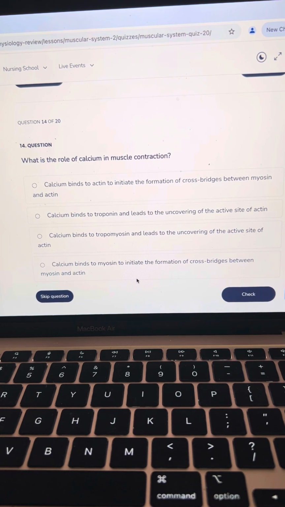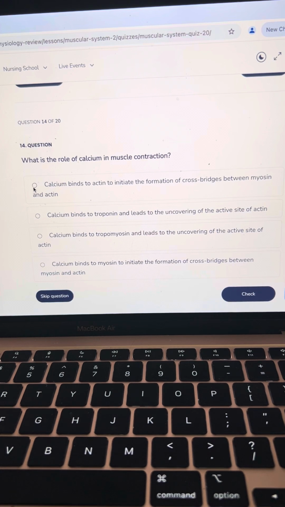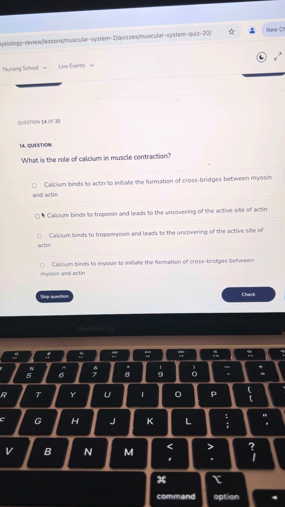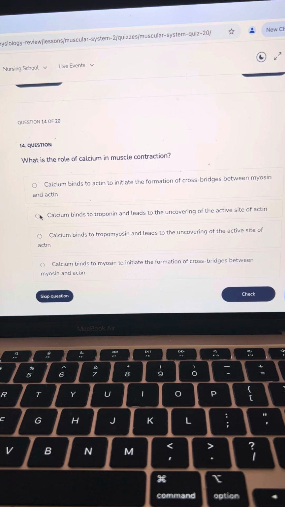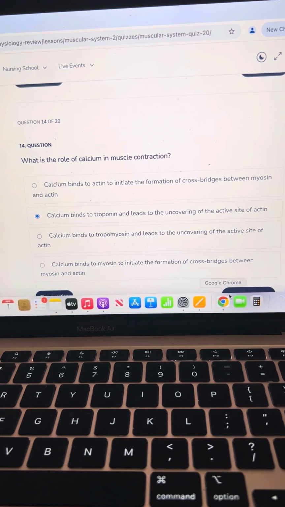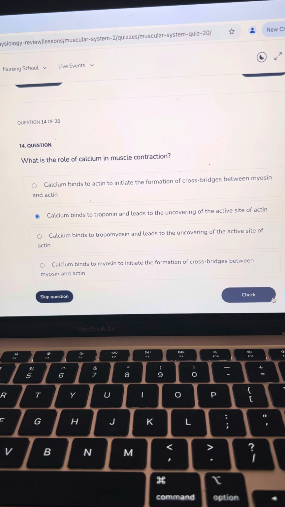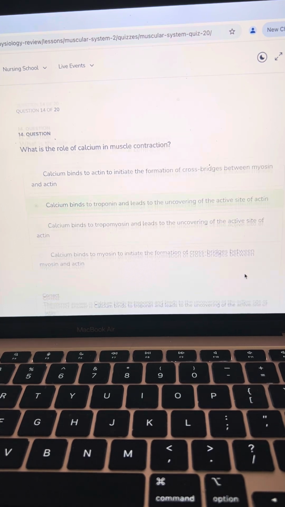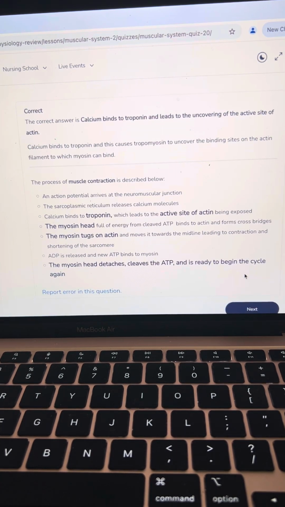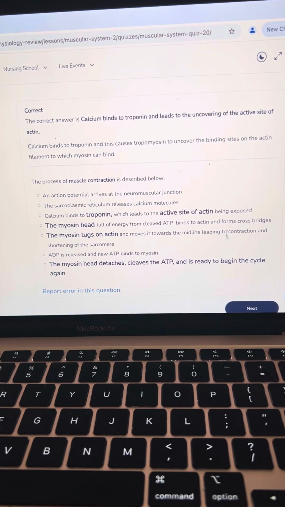Calcium binds to myosin to initiate the formation of cross bridges between myosin and actin. I'm picking this one because I remember it from my lesson: calcium binds to troponin and leads to the uncovering of the active site of actin. Let's find out. Oh yes, thank you. Oh my goodness. And this is what you need to remember, right?